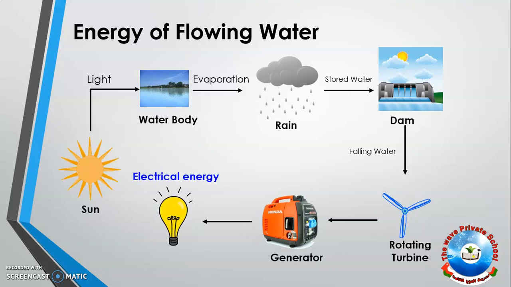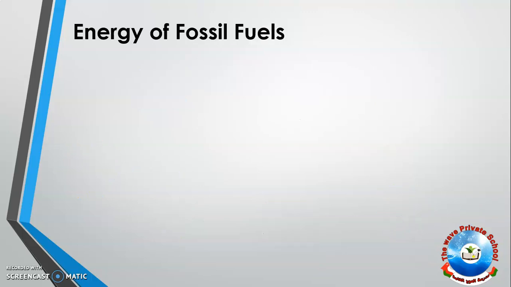And here the solar energy is finally converted into electrical energy with the help of flowing water. So now you understood two types of energy production, right?